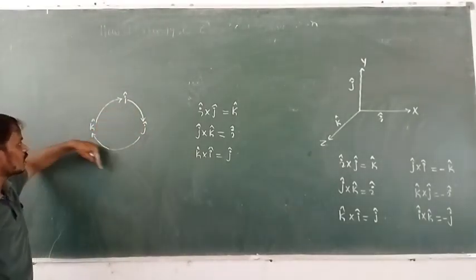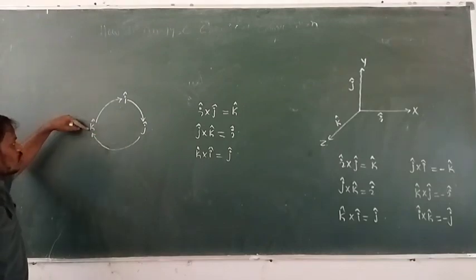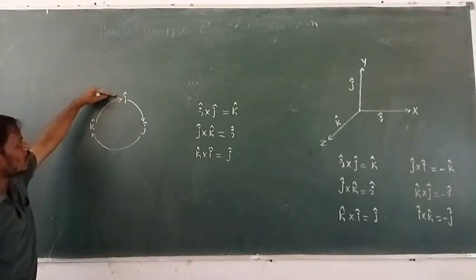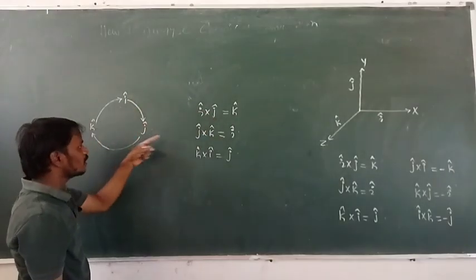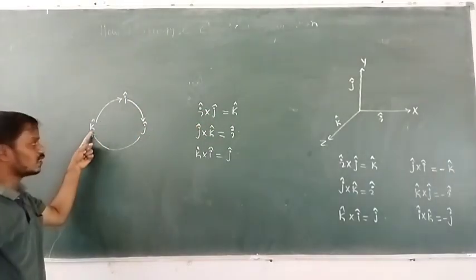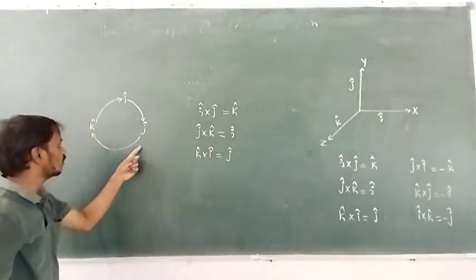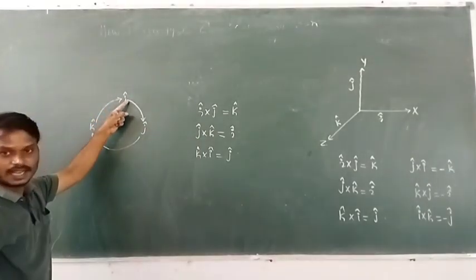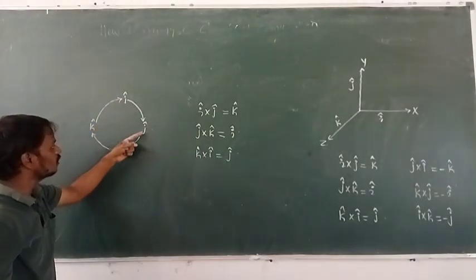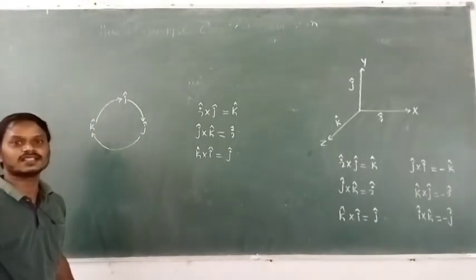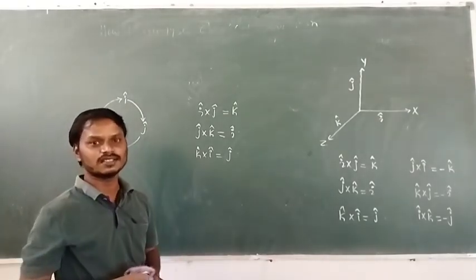i to j means k cap, j to k means i cap, then k to i means j cap. So that can be taken in the clockwise direction.